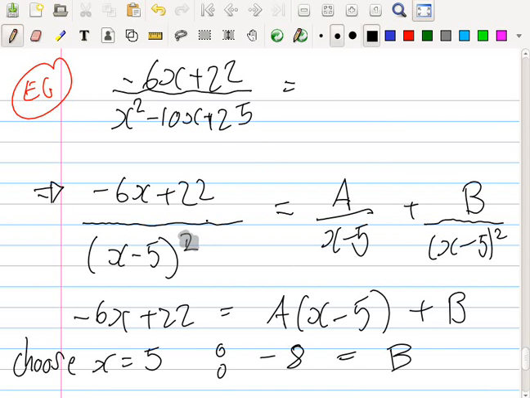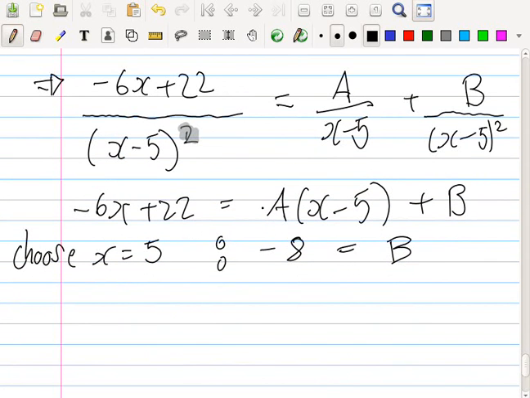But can I choose x equals 5 in the original? No. So I'm deliberately choosing something I should not really be choosing. Although it works for a bad reason. Most of you won't care. All of you won't care. But I prefer the other way.